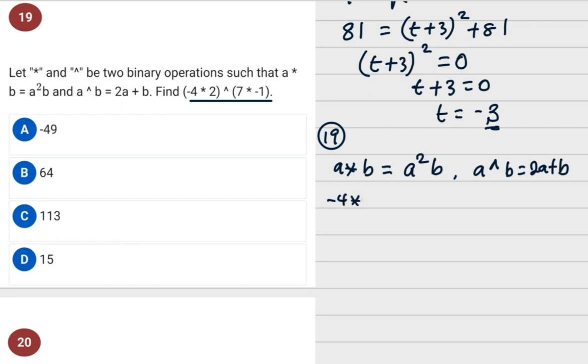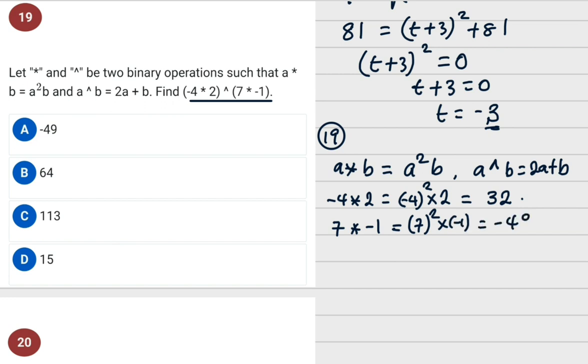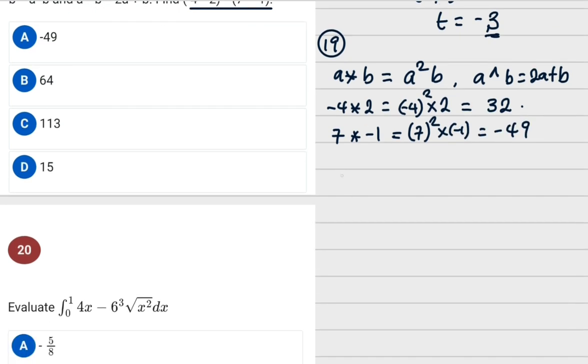All right, so I will start. -4 asterisk 2 will be (-4) all squared times 2, and this should be equal to 32. Then the second one is 7 asterisk -1, which is 7 squared times -1, which is -49.